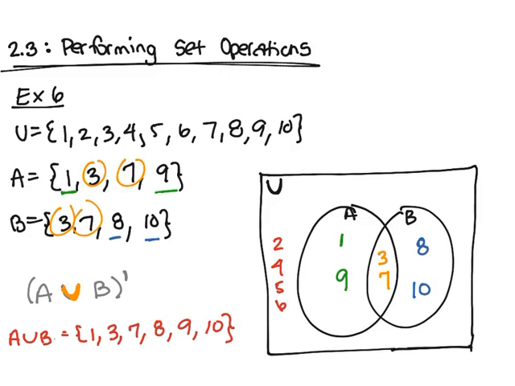Okay, good. 1, 3, 7, 8, 9, and 10. Now that's A union B.